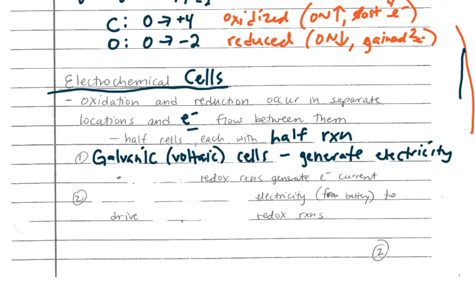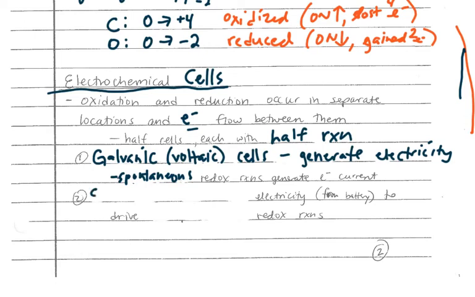They're basically batteries. So a battery is a type of galvanic or voltaic cell. And basically what's happening here is you get spontaneous redox reactions. They just happen spontaneously. You don't need a catalyst, you don't need to add heat or anything like that. They just go on their own. Okay?